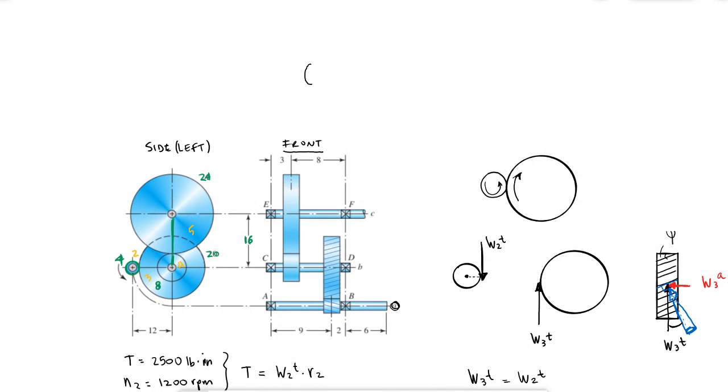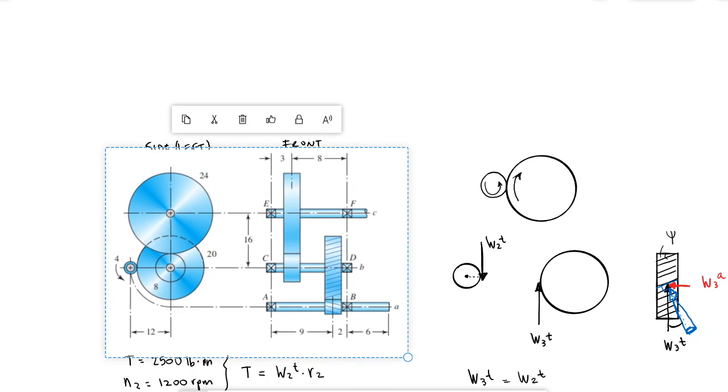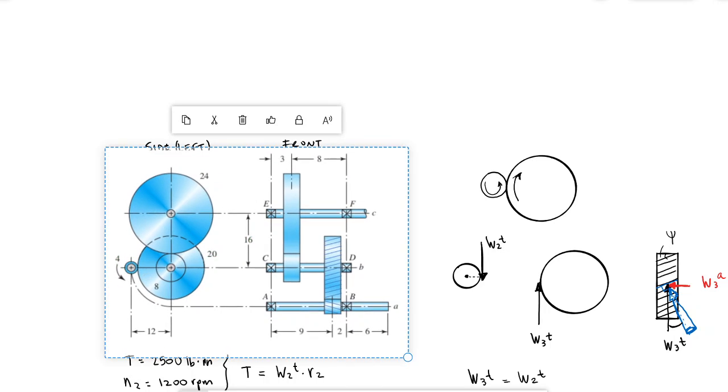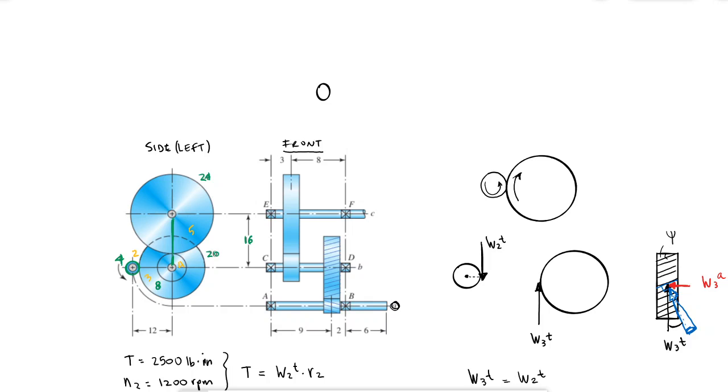I would have shaft B, with gear 4 right here, and then it keeps going to gear 3.